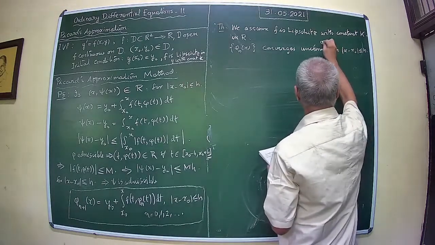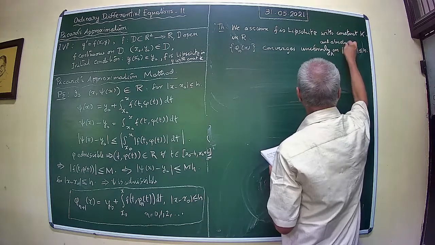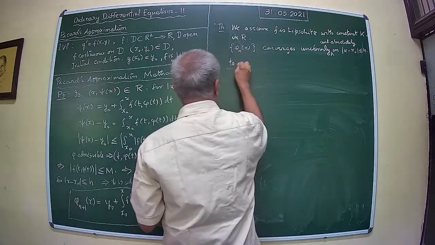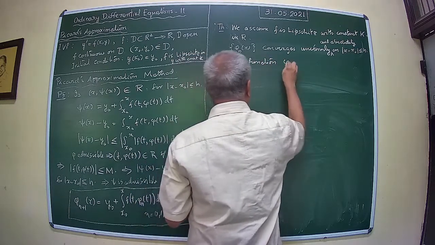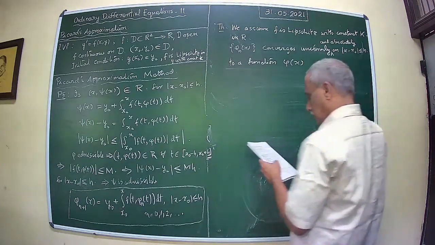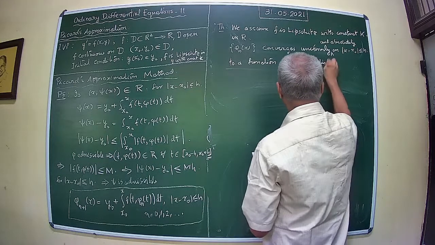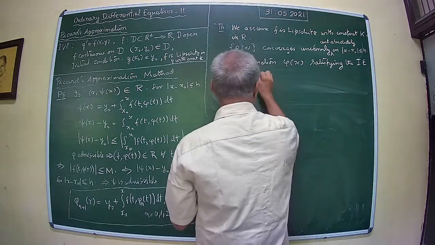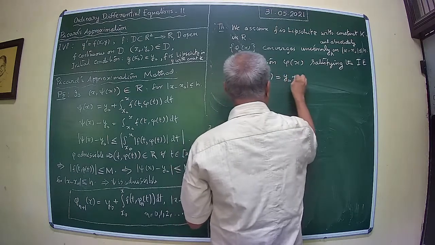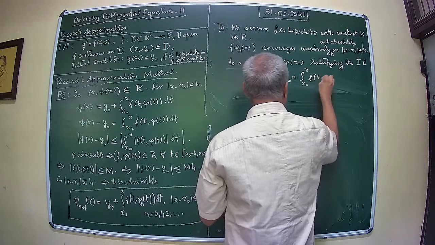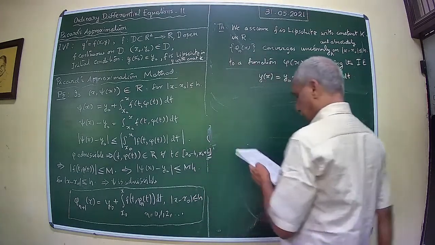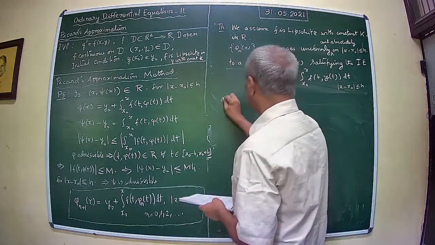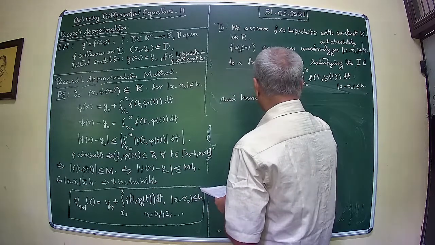Uniformly and absolutely, to a function phi of x satisfying the integral equation, and for mod x minus x naught, and hence the IVP.